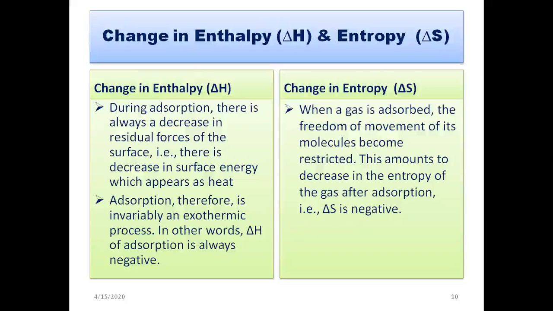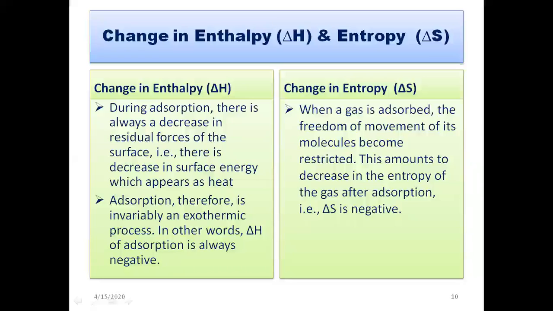The exception is adsorption of hydrogen gas on glass surface. What will happen here?